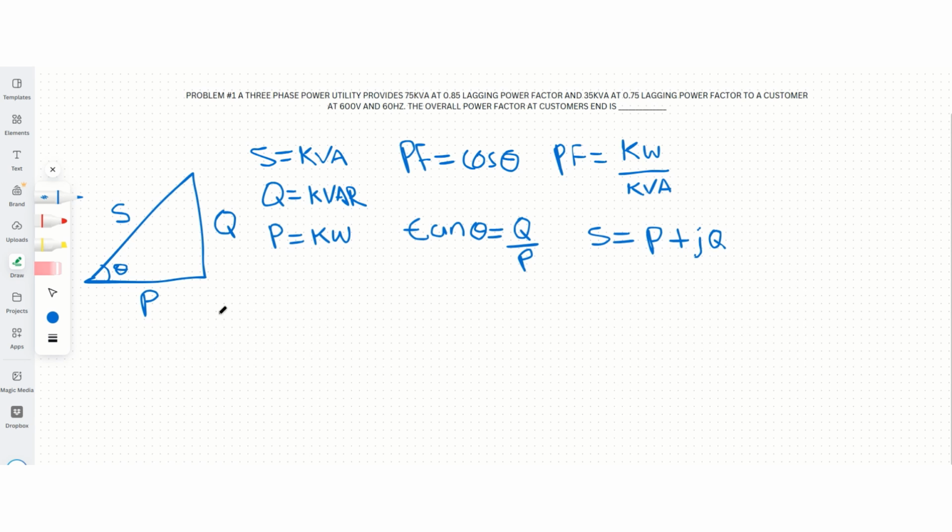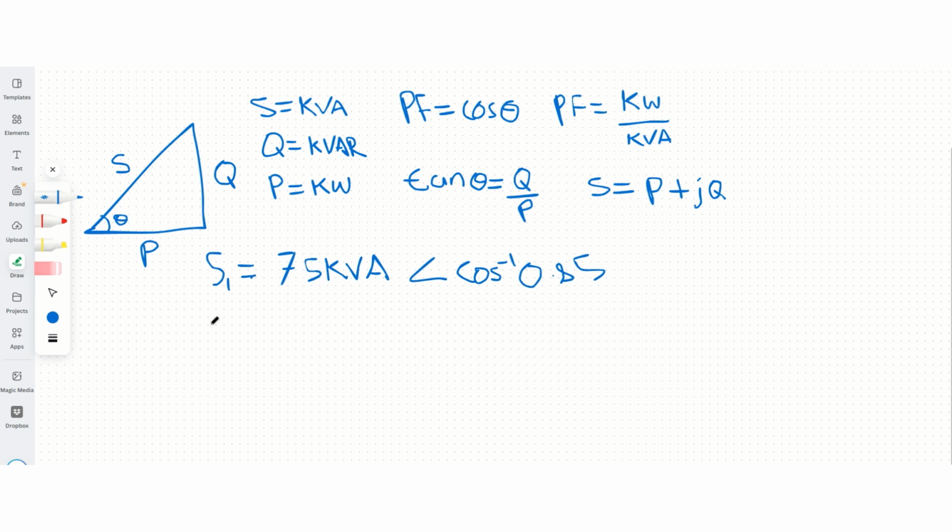So let's do S1, which is your apparent power, 75 kVA, and then we can figure out the angle, the inverse of cosine of 0.85. And then we will find your real power, which is this formula.